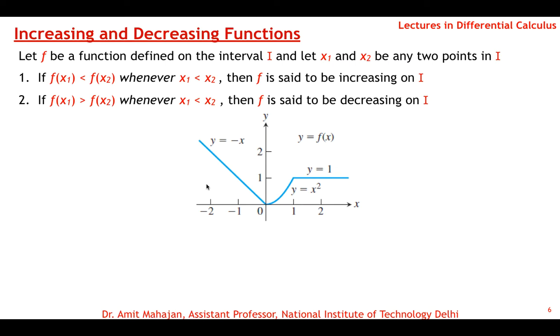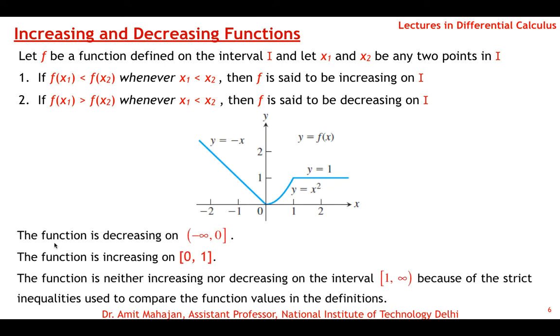So this trend holds. The function is decreasing on minus infinity to 0. For any 2 points from minus infinity to 0, the value of the function at the right point will be less than the value of the function at the left point. The function is increasing in 0 to 1.